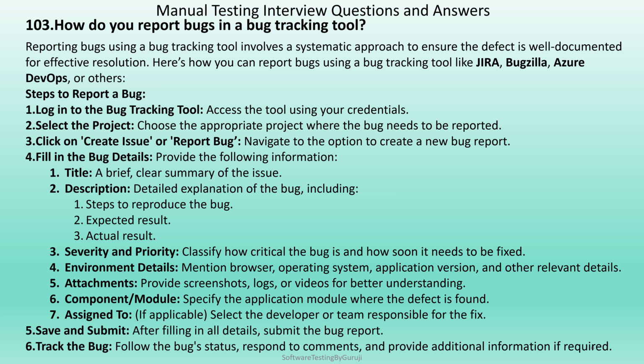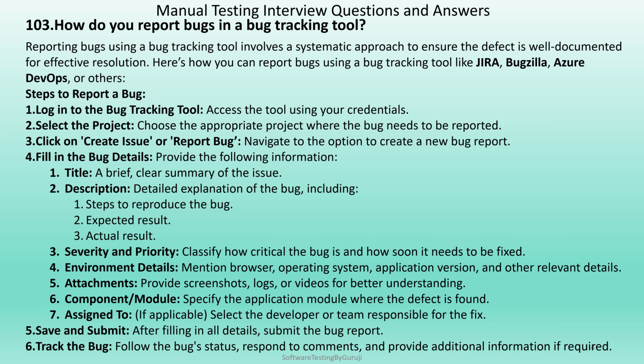Seventh, assign to. If applicable, select the developer or team responsible for the fix. Then next, fifth step, save and submit. After filling in all details, submit the bug report. Sixth, track the bug. Follow the bug status, respond to the comments and provide additional information if required. These steps we have to follow.